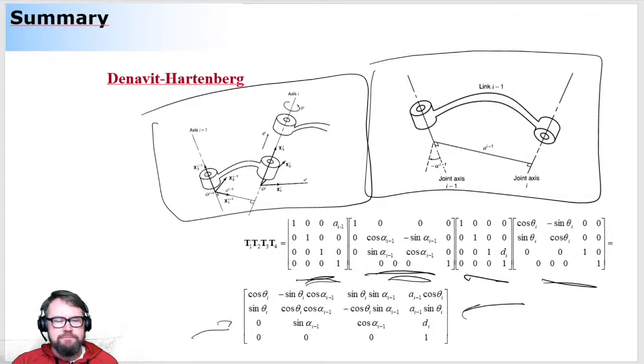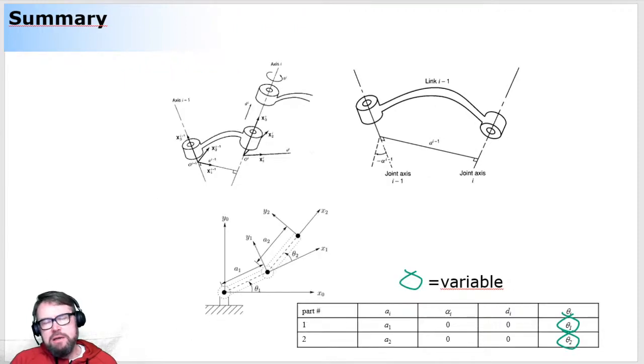The idea of the method is to build a table that tells what the four Denavit-Hartenberg parameters are. Once you know these parameters, it's a matter of substitution. What you get as a result is the robot kinematics, which is great. It's a very simple, straightforward procedure to use.